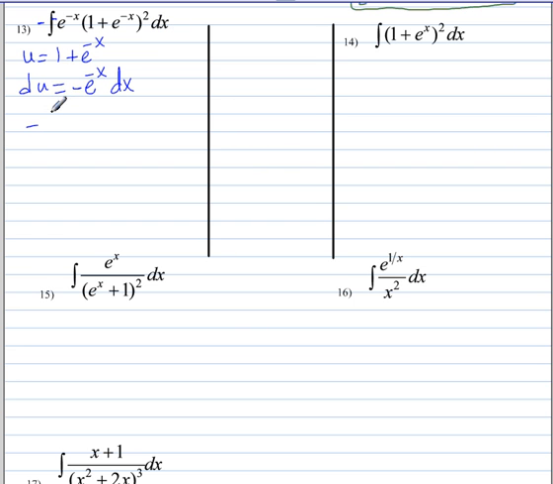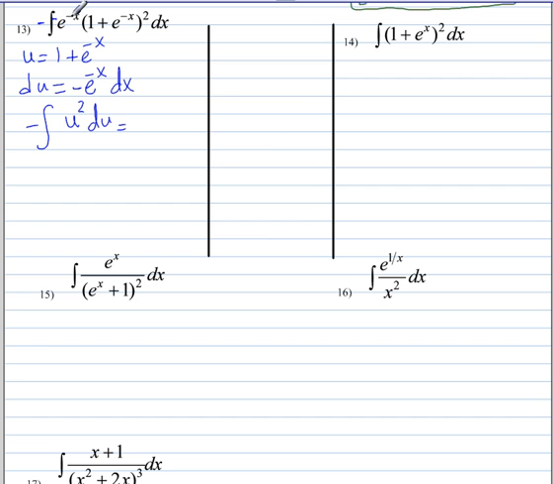So rewrite the question, negative. In place of negative e to the negative x dx, we'll put du. And this is 1 plus e to the negative x, which is u squared. Note, those of you who got this review in class, there was a typo and this negative was missing in the question next to the first e.